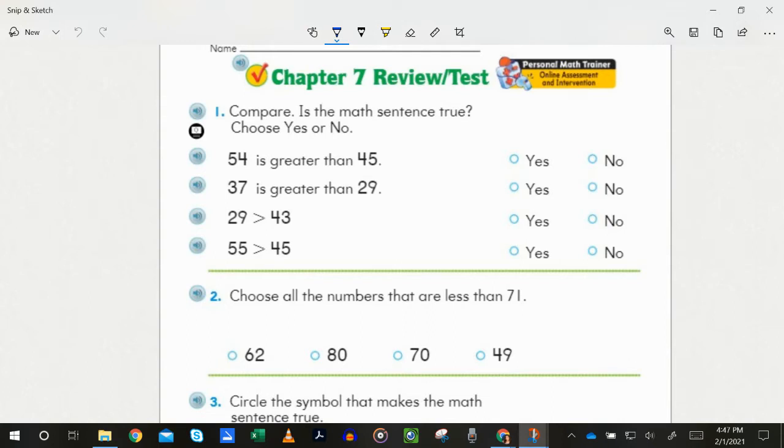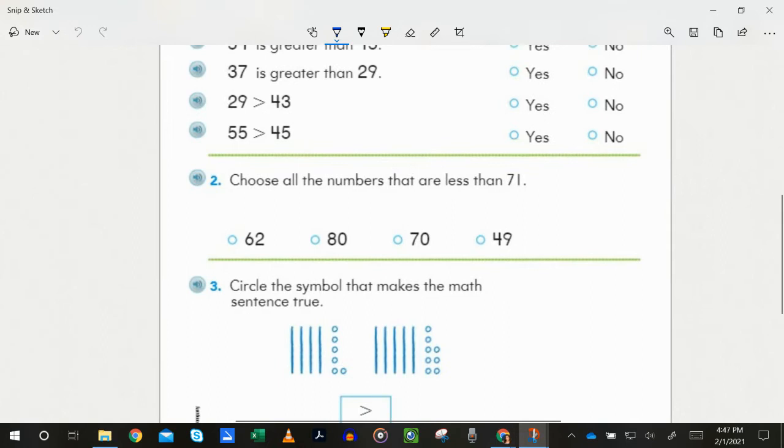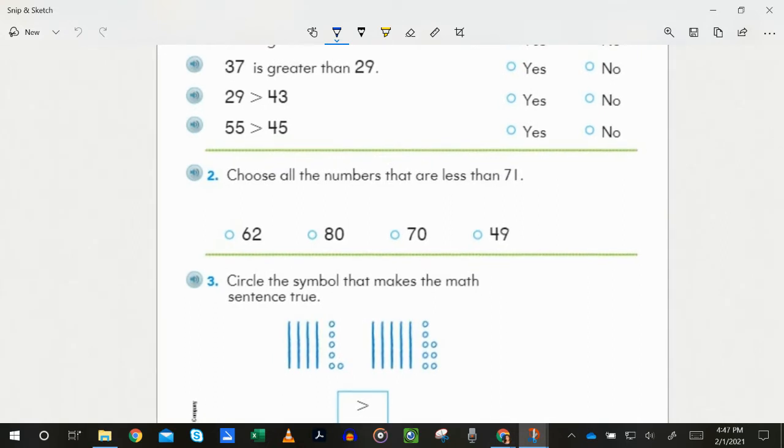Let's look at number 2 now. It says choose all the numbers that are less than 71. Which numbers are less than 71? Remember, if it's less, it comes before it. So which of these numbers come before 71 when you're counting? Does 62 come before it? If you think so, color in that circle. Does 80 come before it?